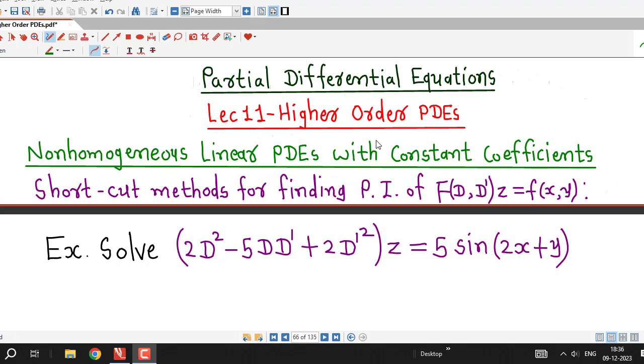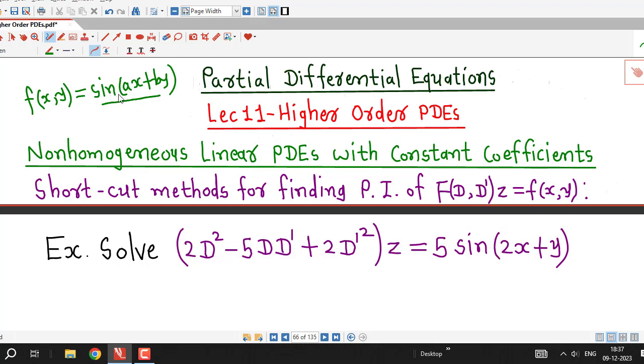In this lecture, we are going to discuss one more question on the shortcut method for finding particular integral of non-homogeneous differential equation. In lecture number 10, we discussed how to find particular integral when the right hand side function is either sin(ax+by) or cos(ax+by), and we discussed one example on this shortcut method.